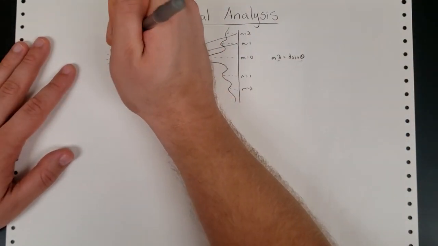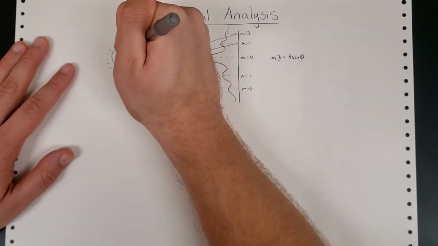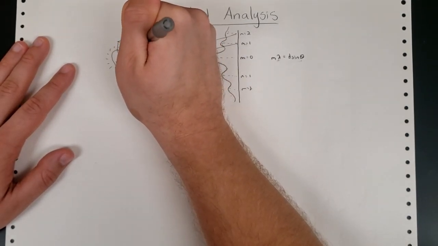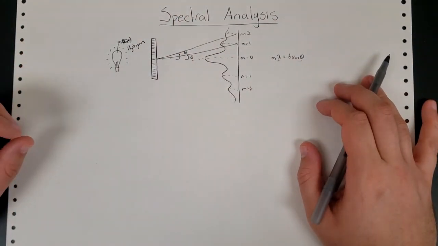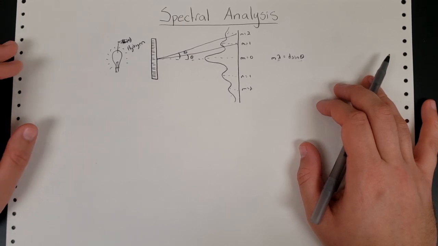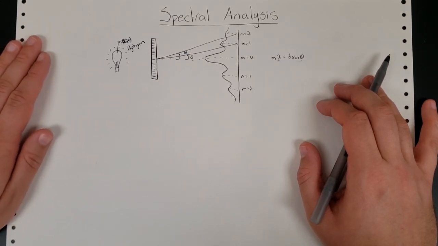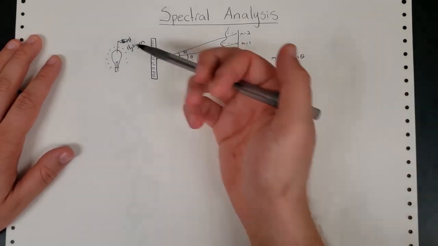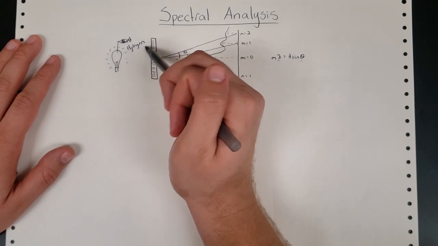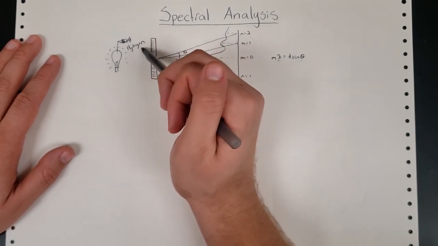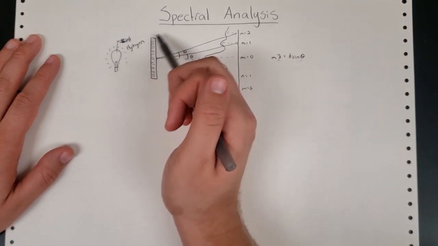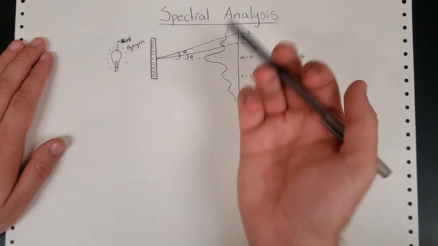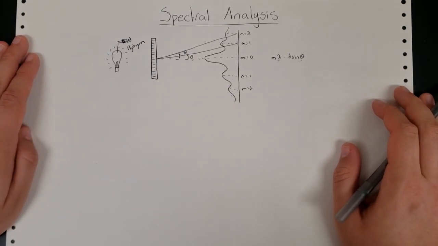So if, instead of just red light here, this was filled with hydrogen, and we excite the electrons in hydrogen, it turns out that we can get a number of different photons emitted, each of them having a different wavelength. And these colors will be unique to hydrogen. So if we look at the spectra of any element, say hydrogen, it will be unique to that element. So it's a way of identifying our materials.